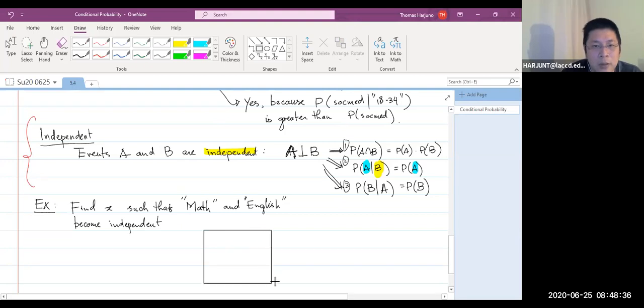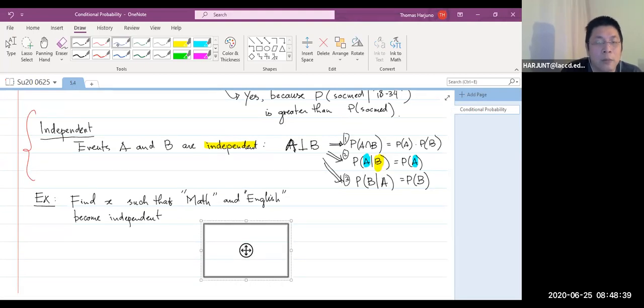This is the Venn diagram. Now maybe I'll use a contingency table instead.